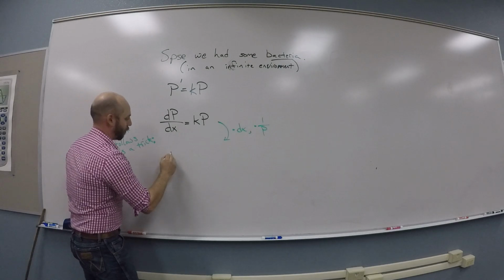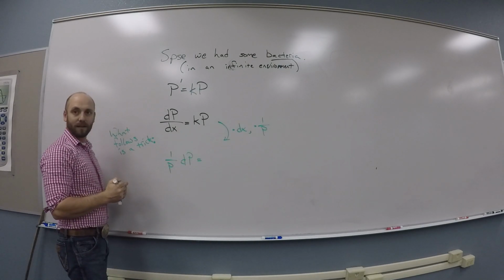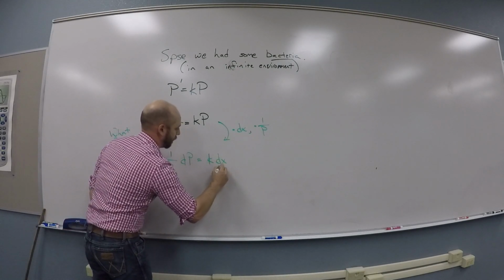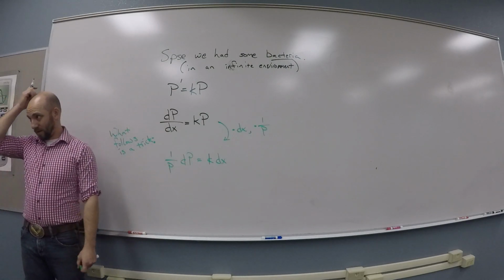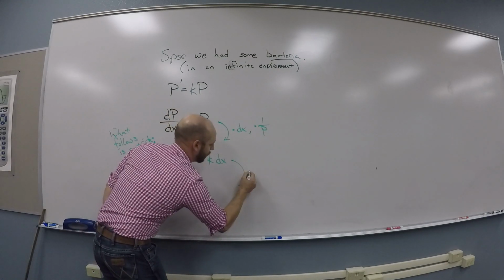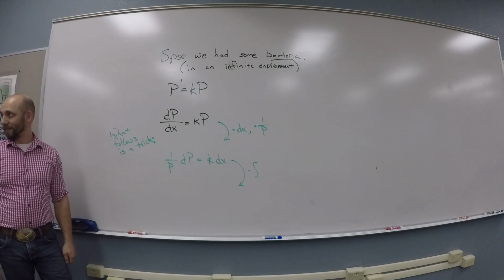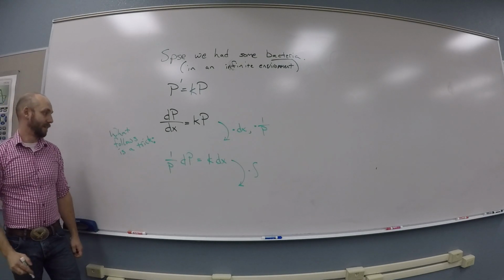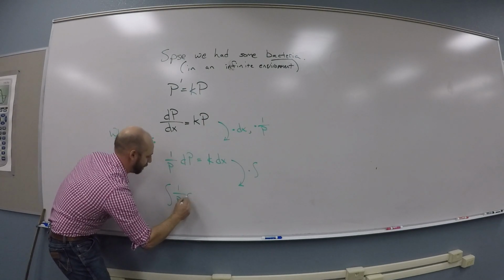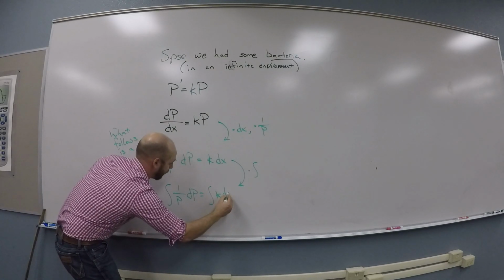So you get 1 over p dp is k dx. Yeah, and then you just slap one of those squiggly things on here. So you just multiply both sides by the squiggly thing. So you get the squiggle of 1 over p dp is the squiggle of k dx.